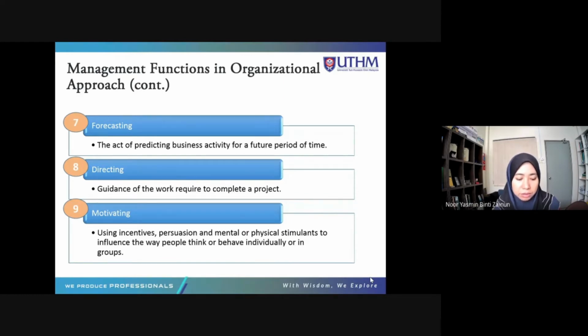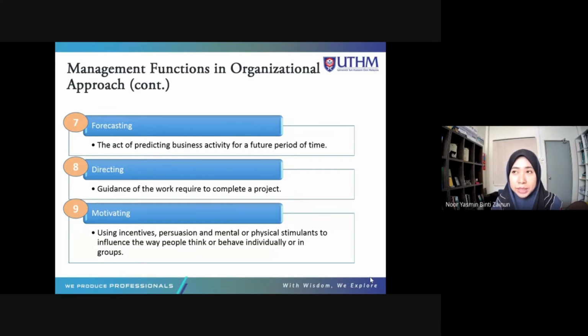So you need to give motivation sebab bila dah lama, contoh macam kerja kilang kan, you doing the same thing every day. So after few years, you will be demotivated. So the leader need to motivate our worker by giving incentive or giving appreciation.